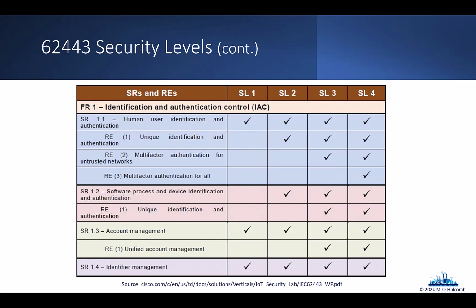But hopefully this gives you, that's why I liked this layout. It's not perfect, but I thought they did a really good job of saying, here are the functional requirements. And then you can have this little chart, and just imagine a lot of charts like this, saying if you're going to implement 62443 and you want to get to, let's say, security level 1, here are these 3 things that you need to do. You take these and look them up in the document to see exactly what you need to do.